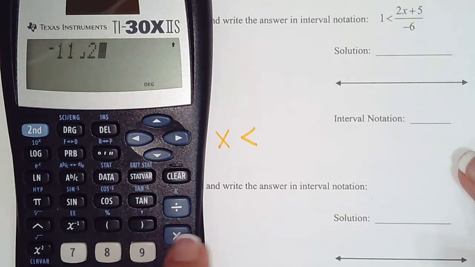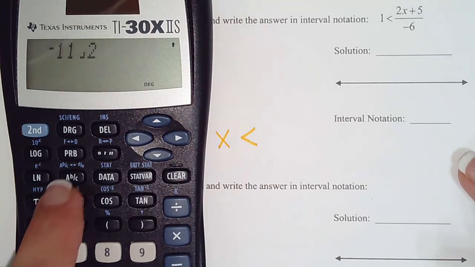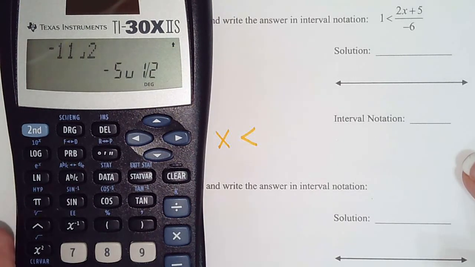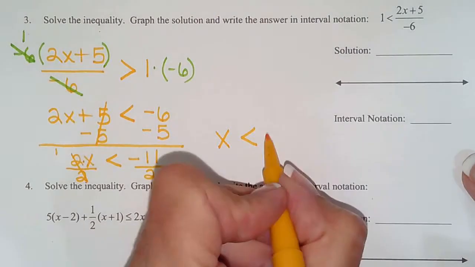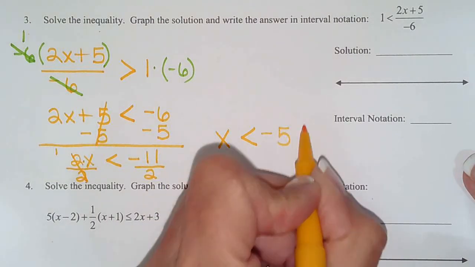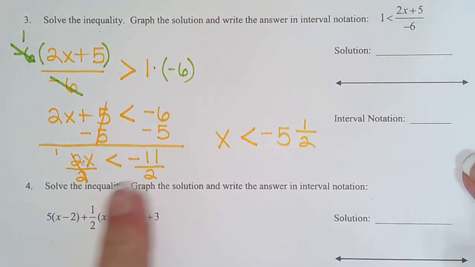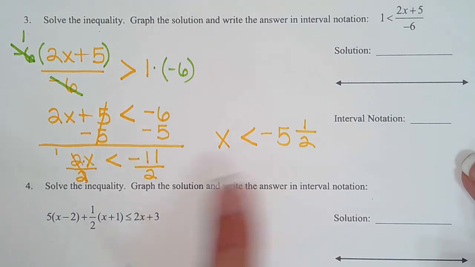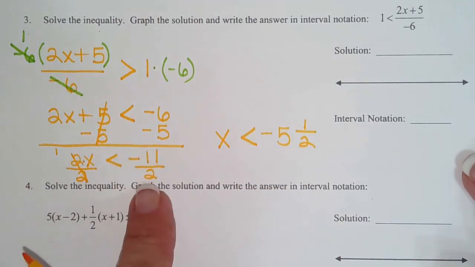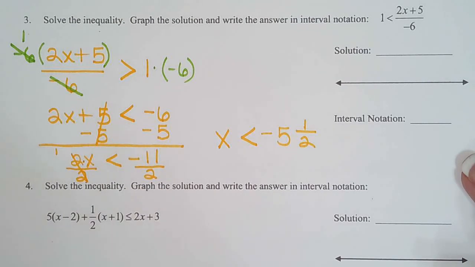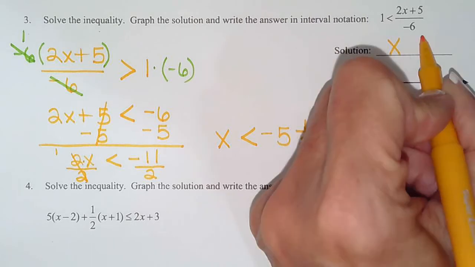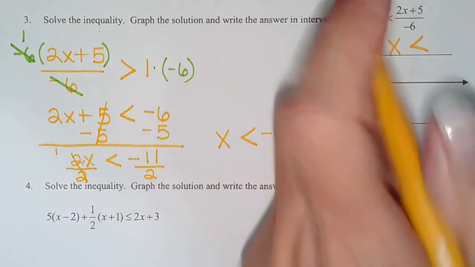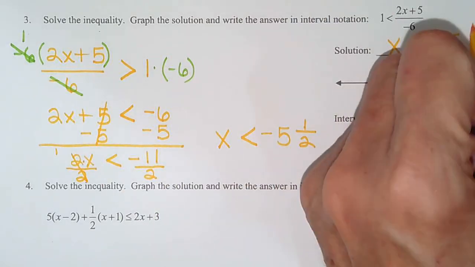If you use the division key, it's going to give you a decimal, which I don't recommend. That's why I use the fraction key. Then it gives me a mixed number. So negative 5.5. For some reason, students just feel more comfortable graphing a mixed number than they do an improper. So that's why I change it. If I was just solving and not graphing, I would just leave it just like that. So that's our solution. X is less than negative 5.5.